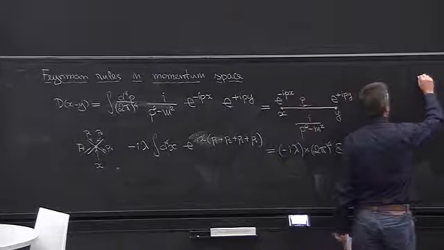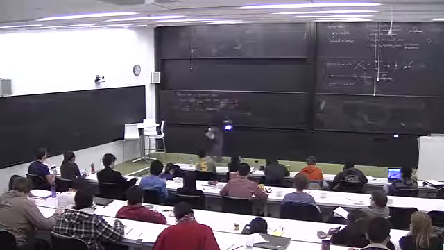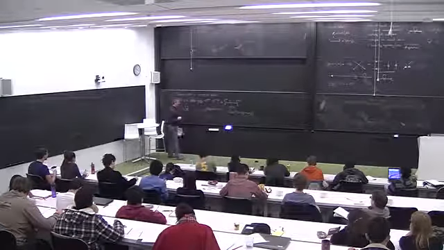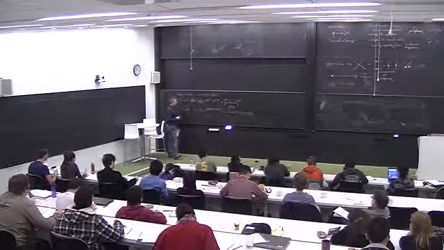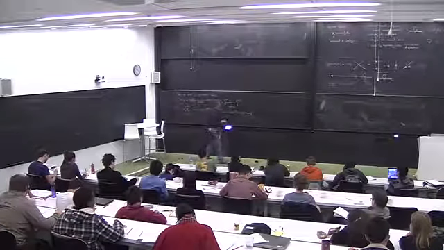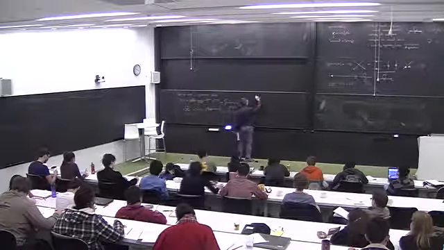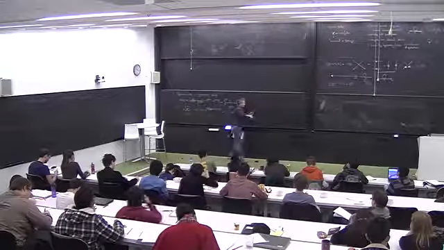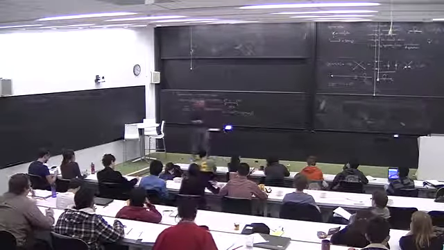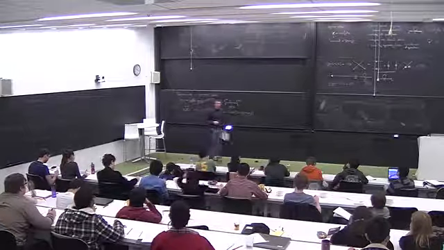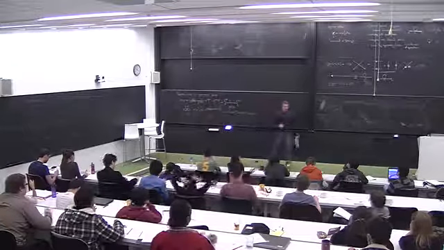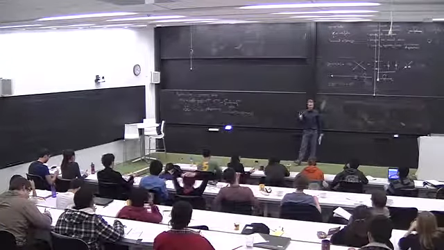And so the momentum space Feynman rules are pretty simple. We draw a diagram and assign momenta to all internal lines, taking into account momentum conservation.